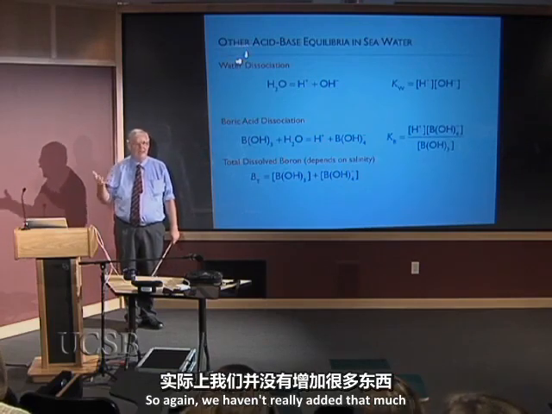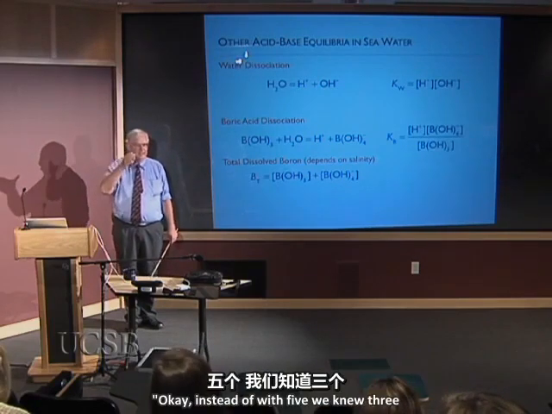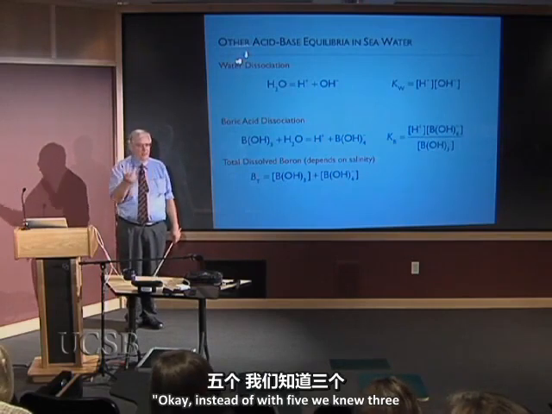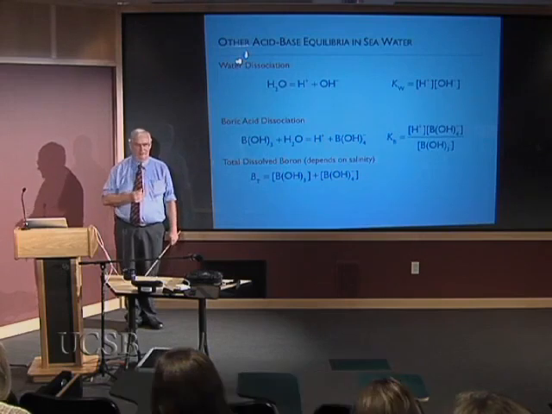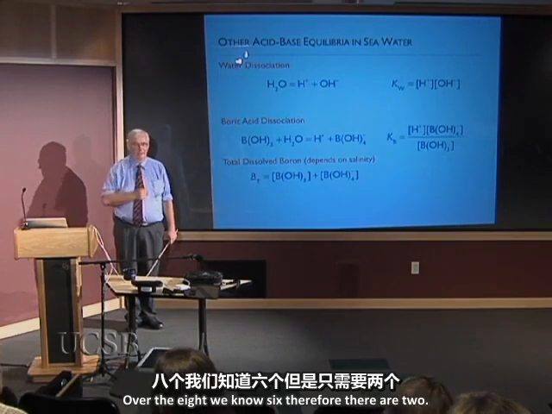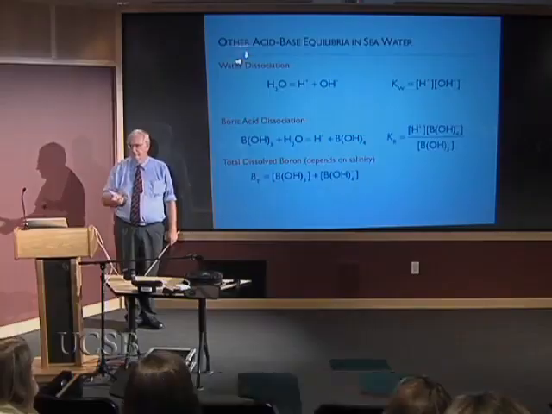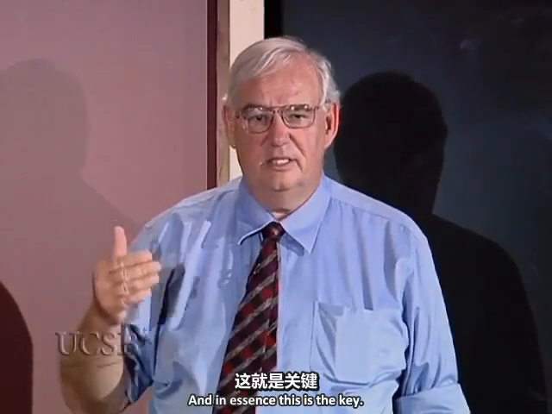So again, we haven't really added that much. Instead of with 5 we knew 3, therefore there are 2, with 7 we know 5, therefore there are 2. Or with 8 we know 6, therefore there are 2. And in essence, this is the key.